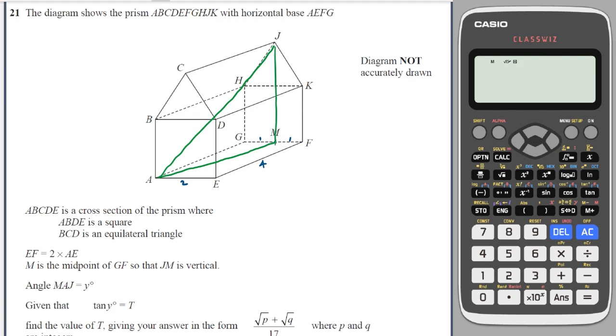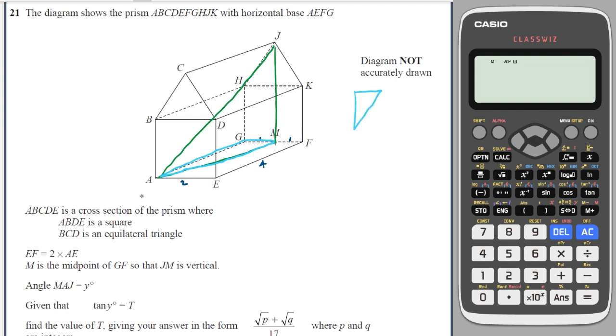Okay, so the first thing I noticed is I can work out this side here, the light blue one, because that's just part of the base. So if I were to draw a light blue triangle like this, and then I would draw it over here, it would look something like this.